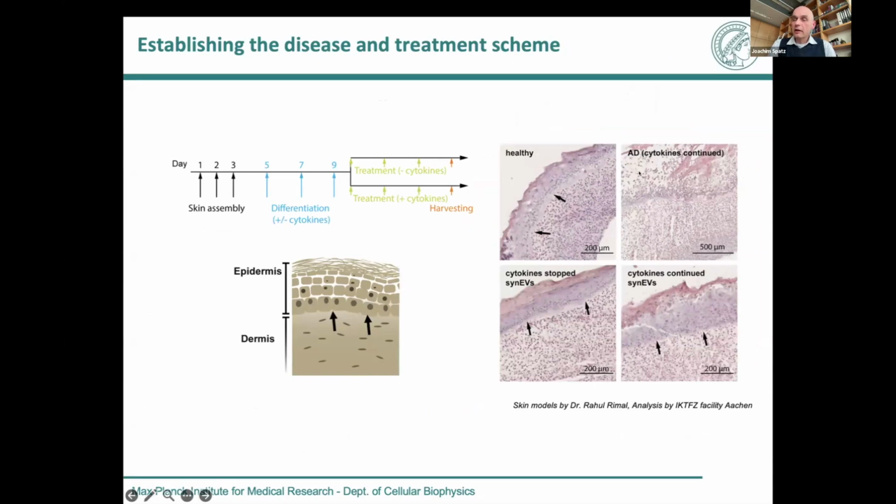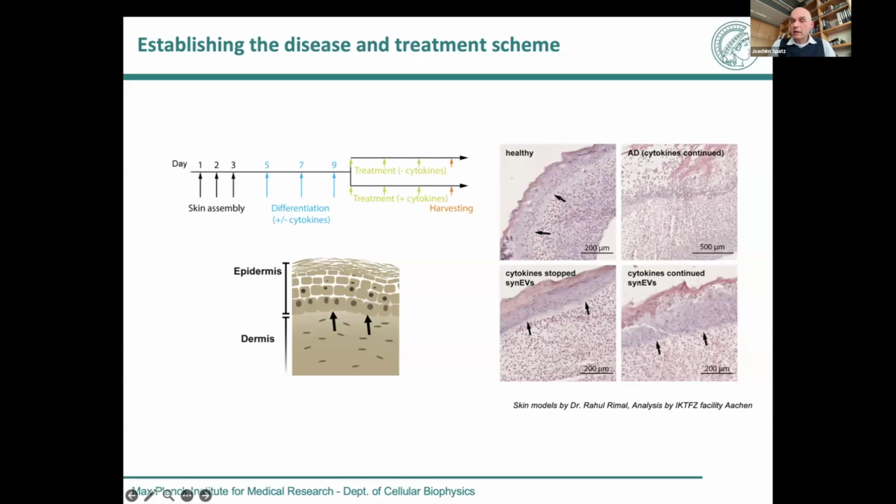And if the disease model is initiated by adding cytokines, then the skin is really falling apart. There's no clear interface between the epidermis and the dermis. Now, if you take this situation in the disease model and treat it with the synthetic extracellular vesicles with a certain composition, but cytokines stop, then the skin is reconstituting again.